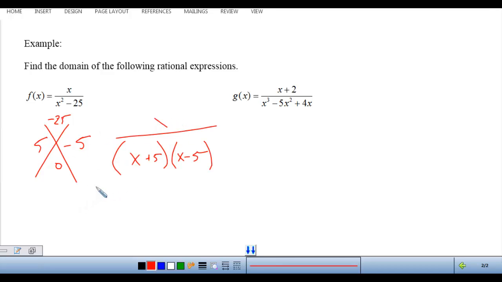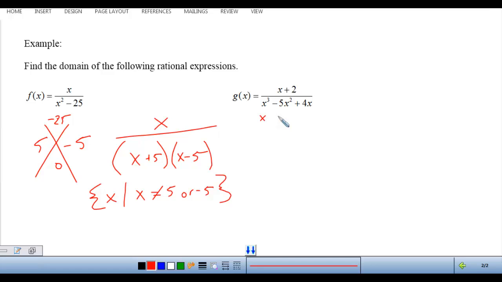So the domain restrictions here is the set of x such that x cannot equal 5 or negative 5. Both of those would create a 0 in the denominator, and you will see vertical asymptotes if you graph in your calculator.